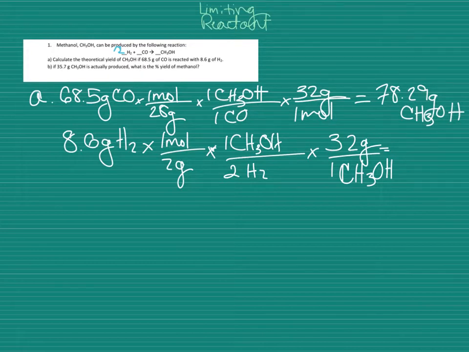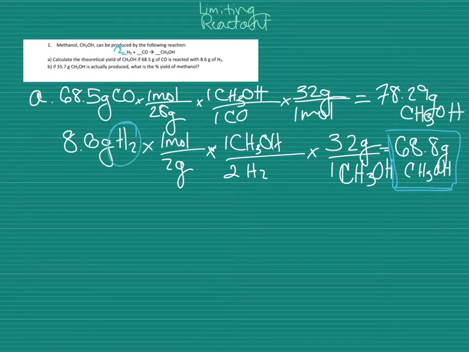You will wind up with 68.8 grams of methanol. And so this one is your smaller quantity. That means H2 is going to be the limiting reactant. It's going to run out first. The question doesn't ask that, but you need to know that. So it's always the smaller answer that is your correct answer, your choice.